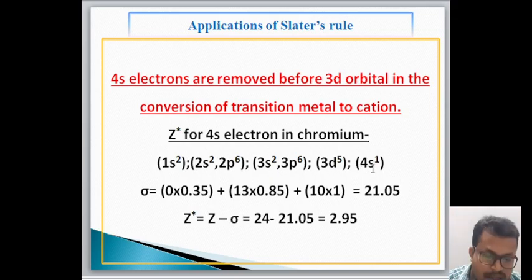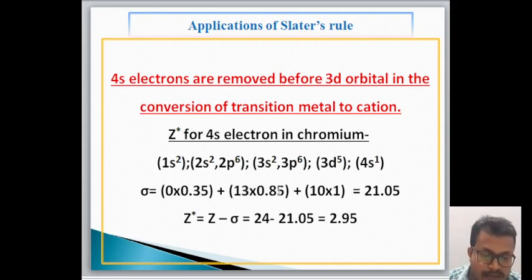Then for the electrons present in the n-1 shell, here the n value, the principal quantum number, is 4, that means n-1 is 3. So for the electrons present in the third shell, the contribution will be 0.85. In total, 6 plus 2 is 8, 8 plus 5 is 13, so 13 electrons are present in the n-1 shell, that means in the third shell.